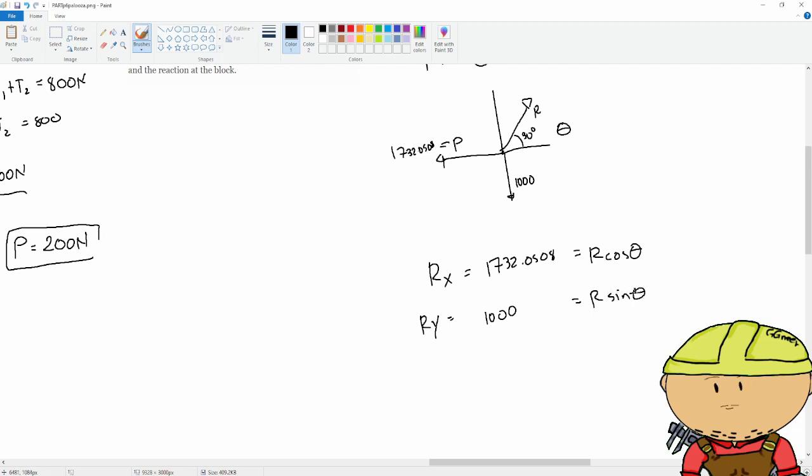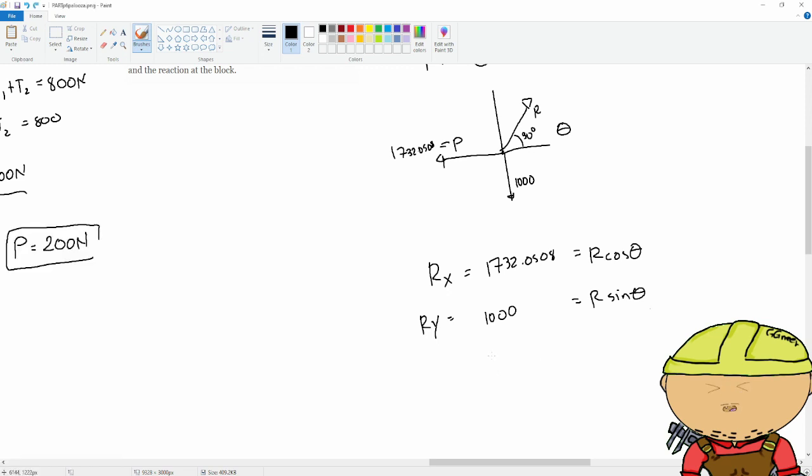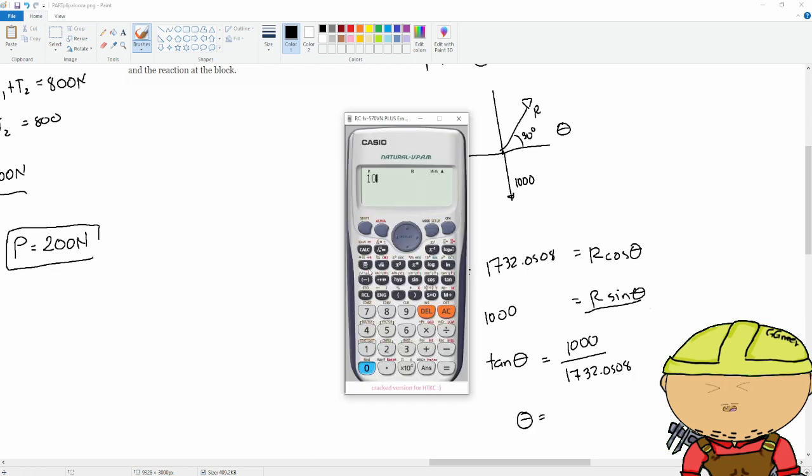And tangent theta is R sine theta divided by R cosine theta. Cancel R, it will be 1,000 divided by 1732.0508. Theta should be the same as 30 degrees.